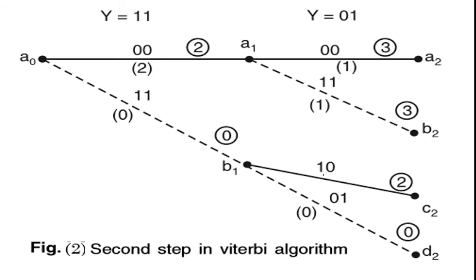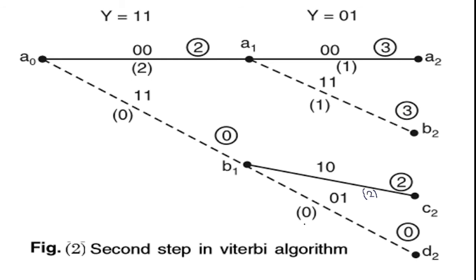Here the encoded signal is 1 0. 0 1 and 1 0, two elements differ. So now here the branch metric is 2. And 0 1 is the received signal. B1 to D2, the encoded signal is 0 1, and the difference between this received signal and encoded signal is 0. So the branch metric is 0.